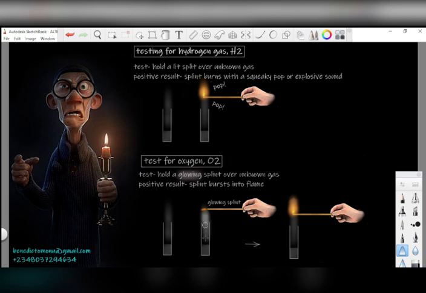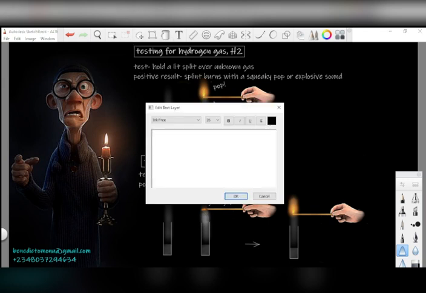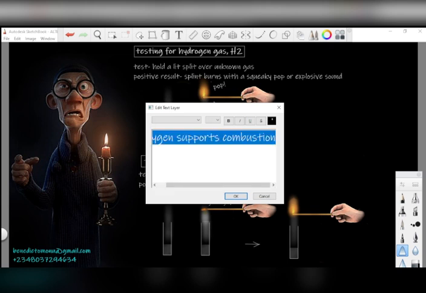Now, if the gas is oxygen, oxygen is going to cause this splint to burst into a flame. That is because oxygen supports combustion. The splint here is acting like a fuel.